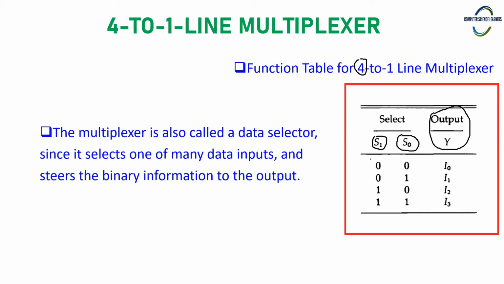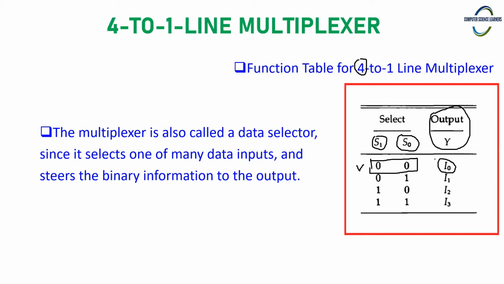As we know, if we have 2 select lines, there may be 4 combinations: 0 0, 0 1, 1 0, and 1 1. When the select line values are 0 0, on the output line we'll get the value from the first input line. So it is a kind of selection we are doing.